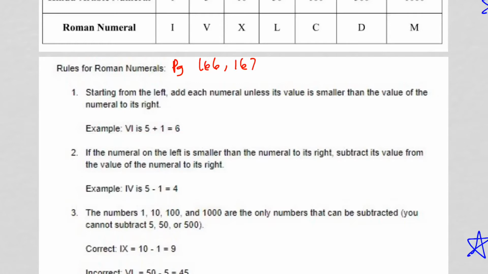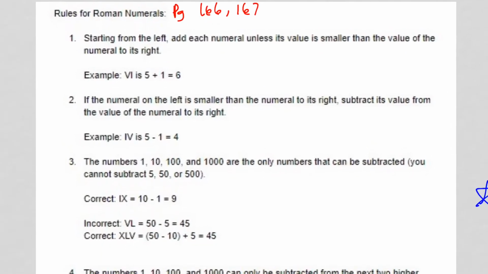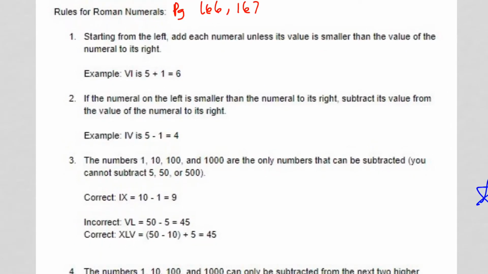However, if you put the I in front of the V, we're going to have to subtract, and that's what rule number 2 talks about. The second one says if the numeral on the left is smaller than the numeral to its right, subtract its value from the value of the numeral to its right. So in this case, we have the I in front of the V, so that's going to be subtracting 1 from 5, which gives you 4. So this is going to be 6, and this will be 4. Okay?